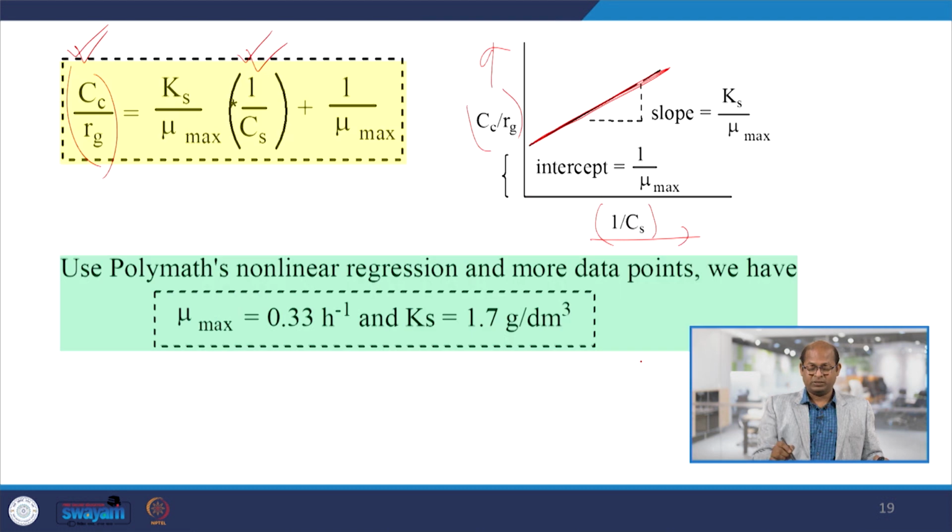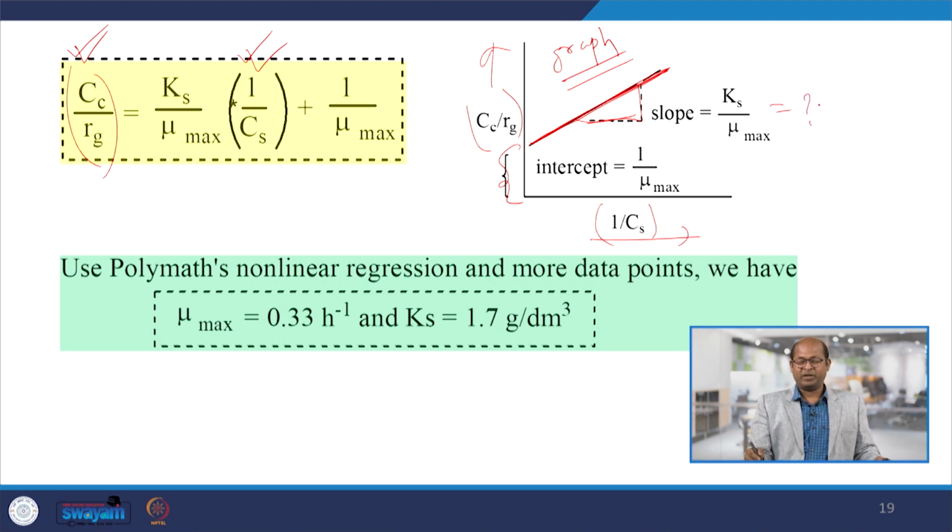Here this is called the intercept and this is the slope. From these graphs we can find the slope and intercept for these lines.